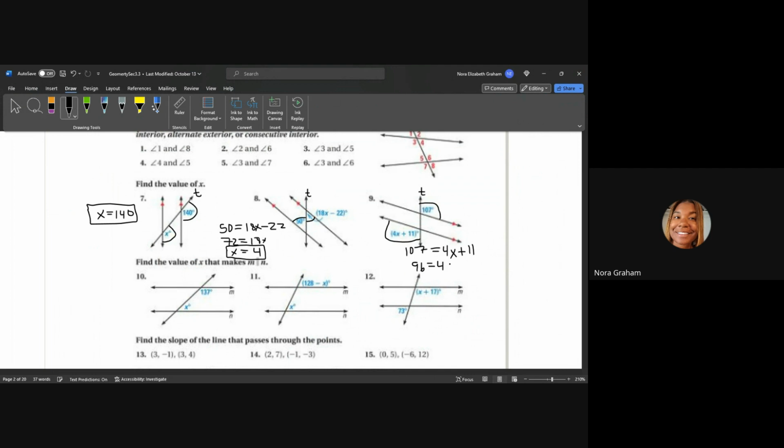And then I divide both sides by 4. So when I divide by 4, I get 96 divided by 4, which gets me x equals 24. Okay. And that's just using basic algebra.